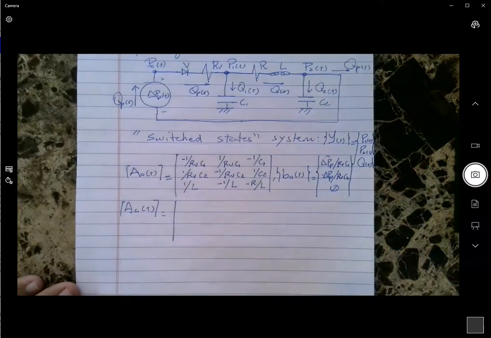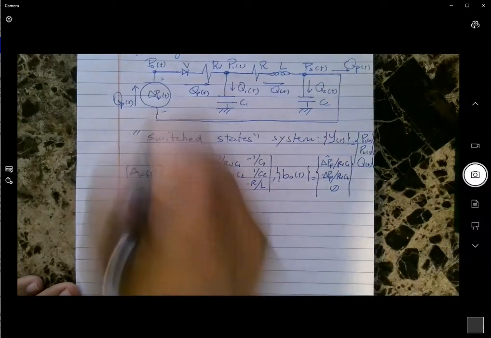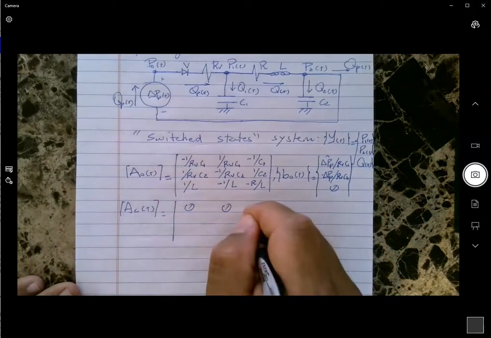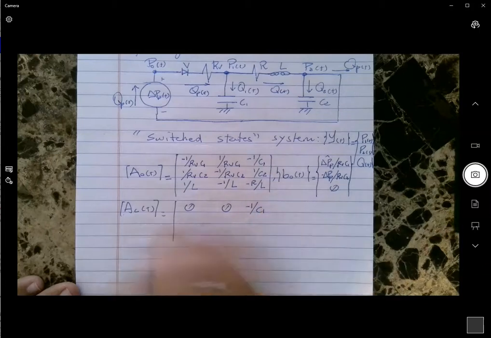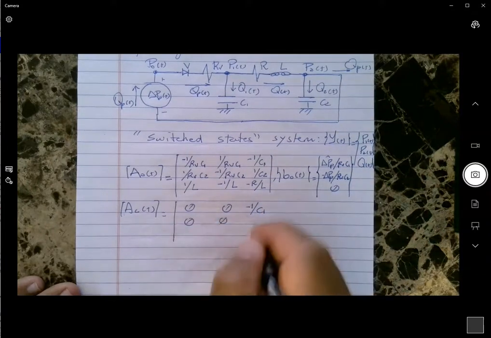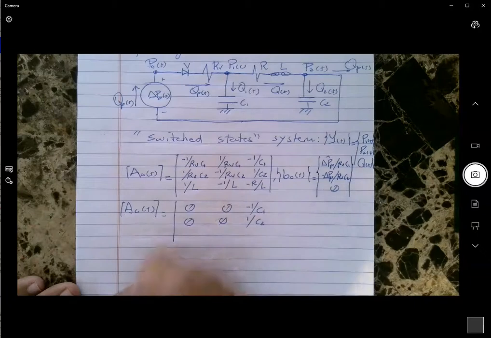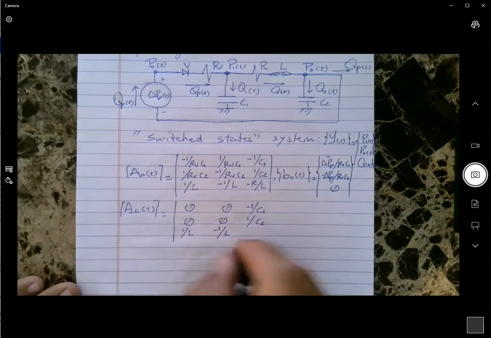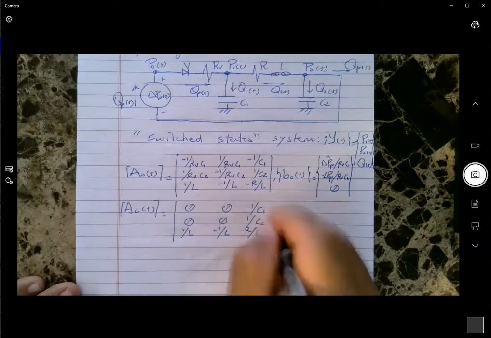All right, so if the valve is closed, then the equations will become a lot simpler. Minus 1 over C1, 0, 0, 1 over C2, and then 1 over L, minus 1 over L, minus R over L.